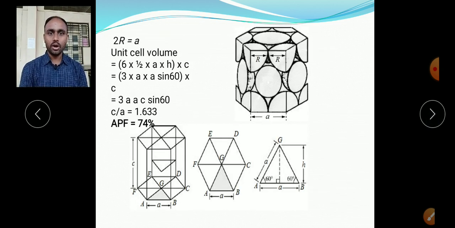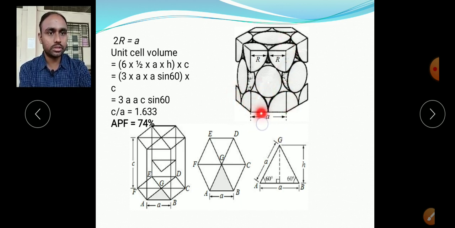Now next we must find the relation between the radius of the atom and the lattice parameter a, or the unit cell side, one side of that unit cell is a and this vertical is c. So we have to find the relation between them, and these are the different atoms.